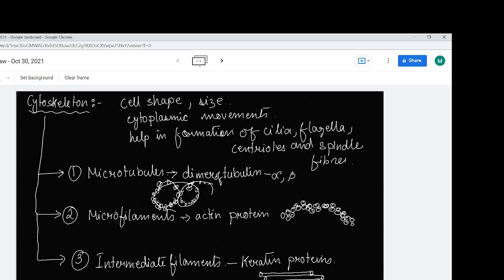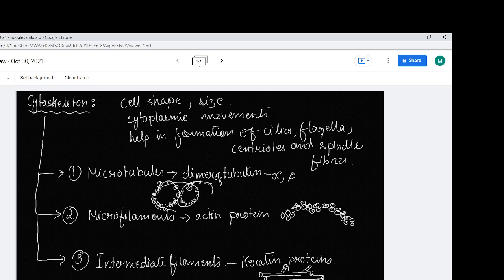Many of them will form a bundle. And from the bundle, we will see that certain arm-like regions will stick out. This is what is observed under the ultra scanning microscope. Okay. So these are the three different types of cytoskeleton. Hope the students are clear about it.